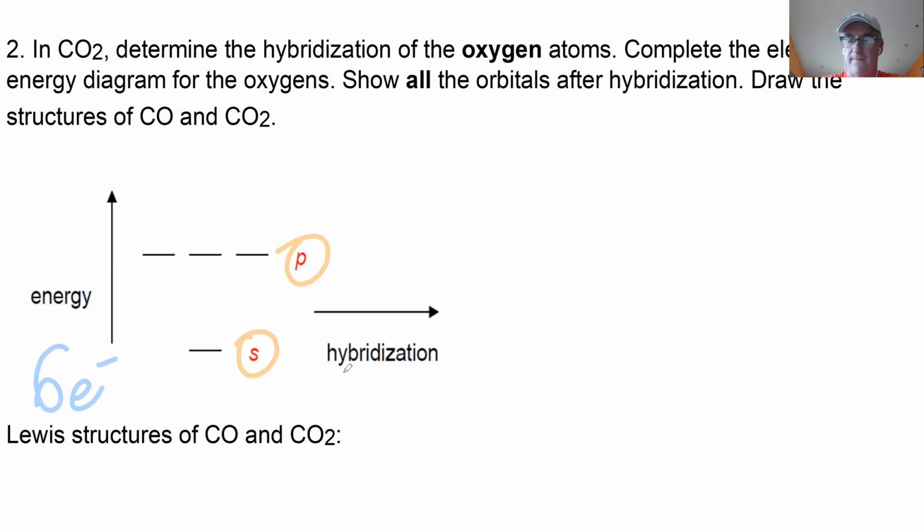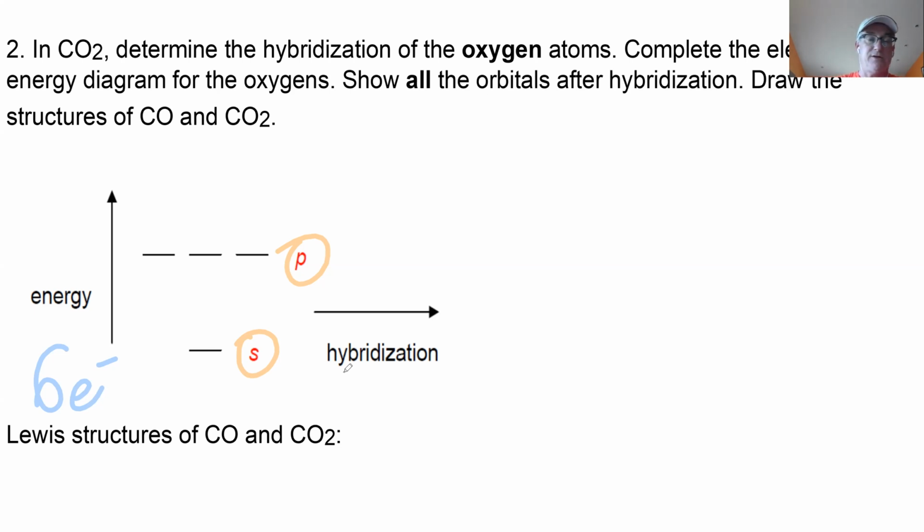Where does the first one go? First electron. Do I put it in a P? Do I put it in an S? Do I throw it out the window?